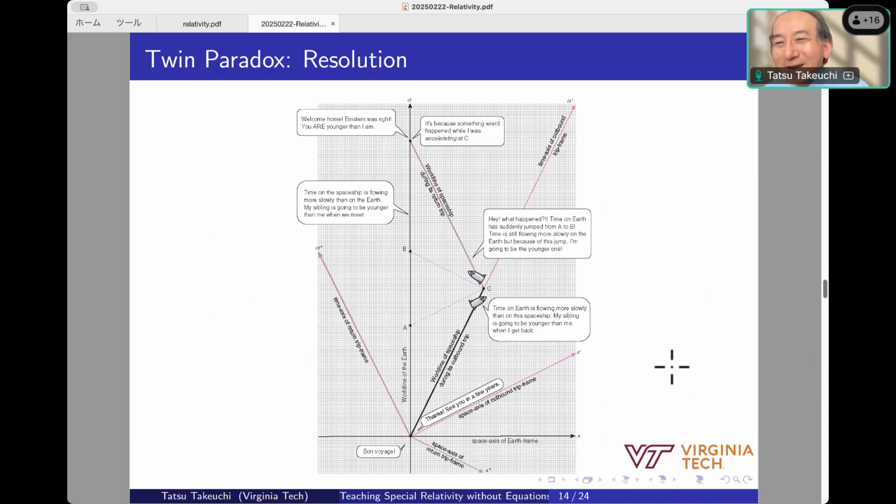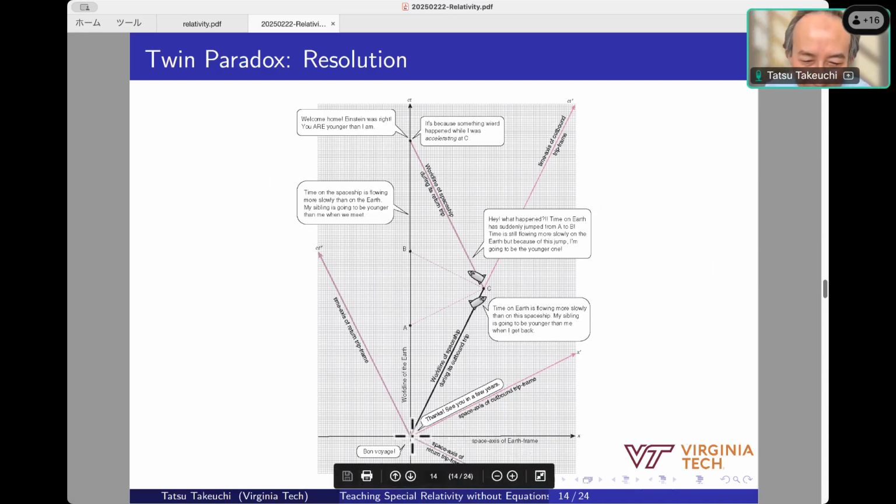If the spaceship is moving to the right along this line in its outbound trip, and if it turns around and heads back in the opposite direction at point C, then the frame of reference that the spaceship is in is different. The spaceship will be in one frame during the first half of the trip, but in the latter half of the trip, the spaceship will be in a different frame of reference.